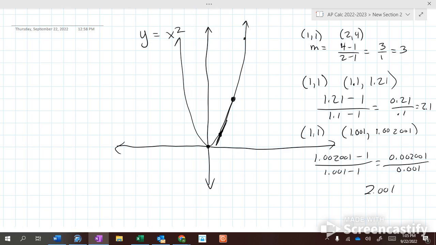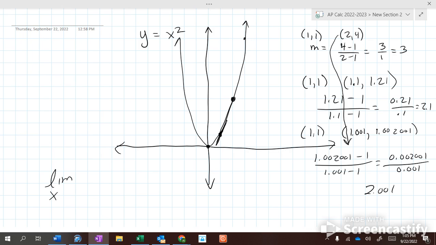Okay, what's happening here? My x values went from 2 to 1.1 to 1.001. They're getting closer to 1, like a limit.